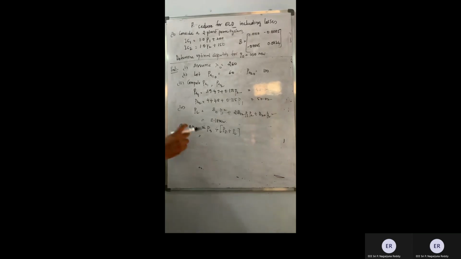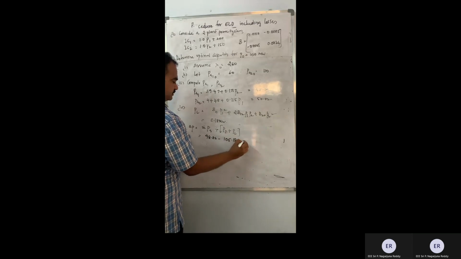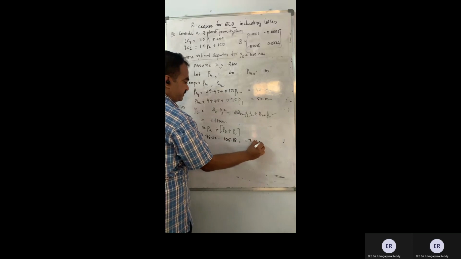So now, what is my sum of generations now? My sum of generations is 48 plus 50 is 98.02 minus, this is 100, so it is somewhere around minus 7.18 megawatts. See, earlier I had got minus 15 megawatt, now it is minus 7.18, which means it is going to converge.